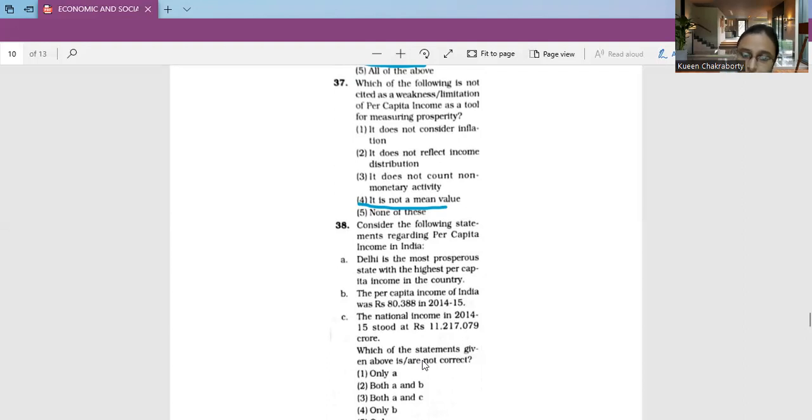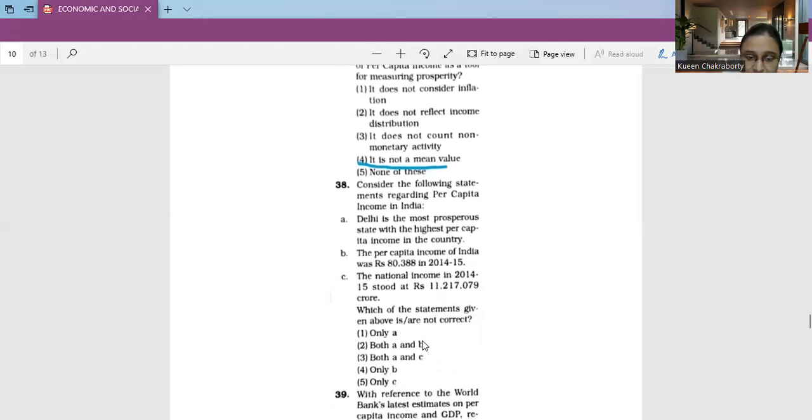The national income in 2014-15 stood at rupees 11,217,079 crore. Now we have to choose which of the statements given is correct or are correct. That is our question. So I will say the per capita income of India was rupees 80,388 in 2014-15.